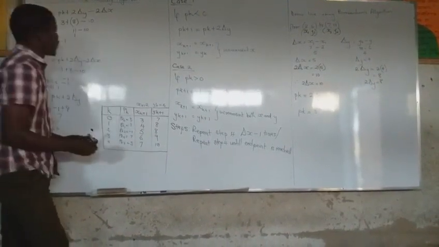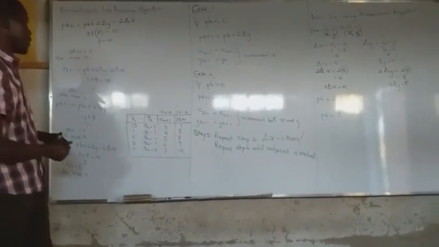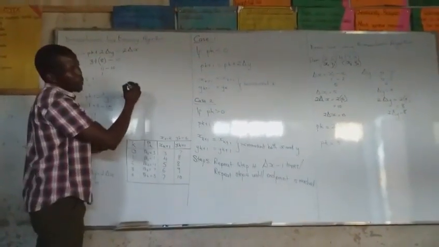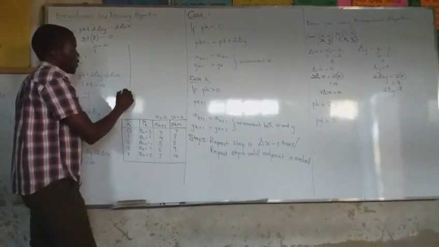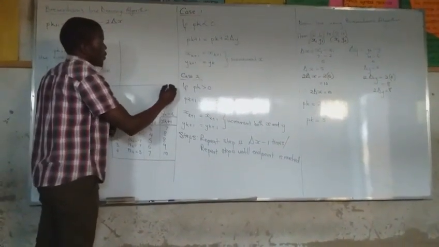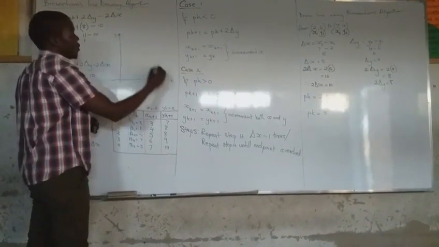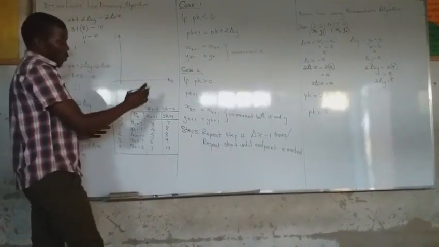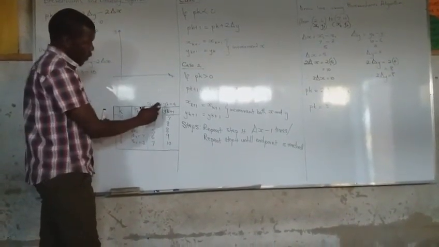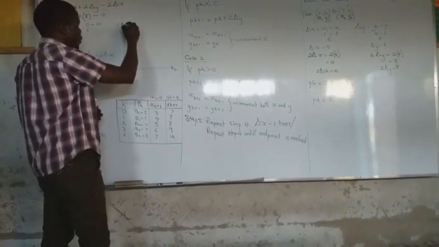Then to plot a graph, let's have a graph here. This is our x, this is our y. We have 1, 2, 3, 4, 5, 6 columns.